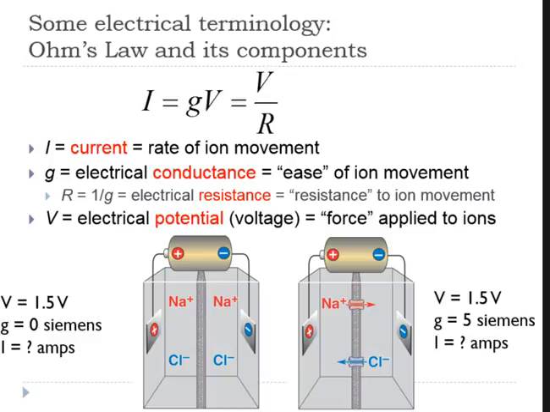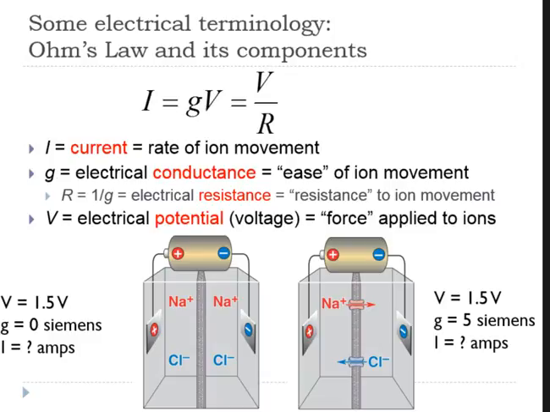Now look, I'm not going to be stressing too much about using this equation. For our purposes, it's much more important to be focused on using the Nernst equation and the Goldman equation. But you should understand the relationships between the voltage and the conductance and the current, and frankly how the resistance fits into that too, in qualitative terms.